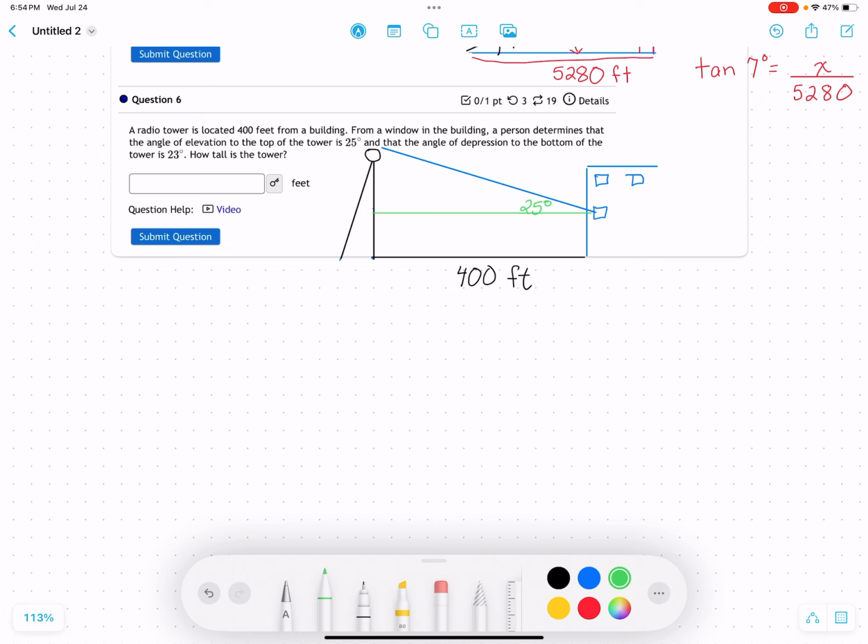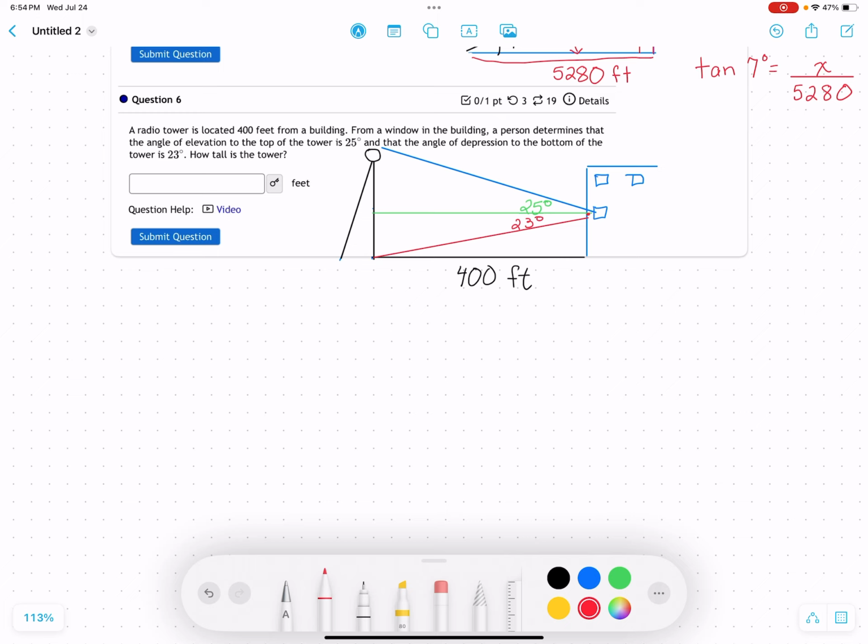The angle of depression to the bottom of the tower is 23 degrees. An angle of depression, this is such a great example. Right down there, that is 23 degrees. How tall is the tower?